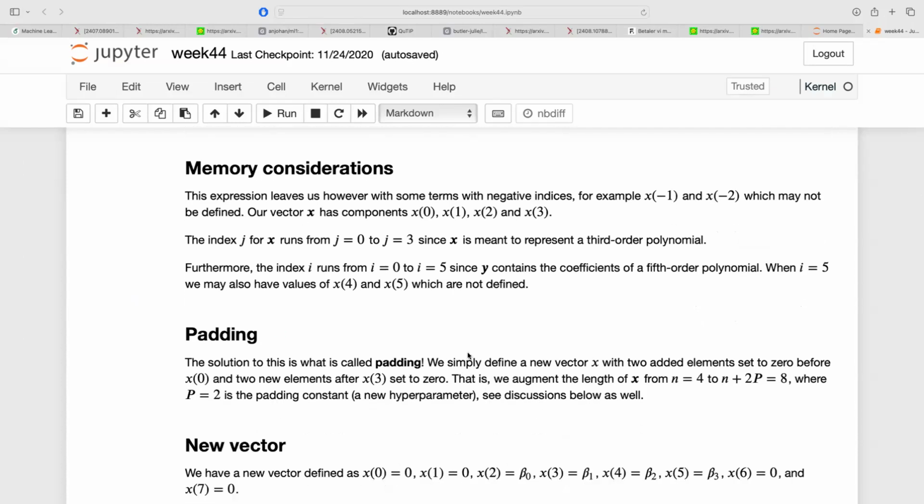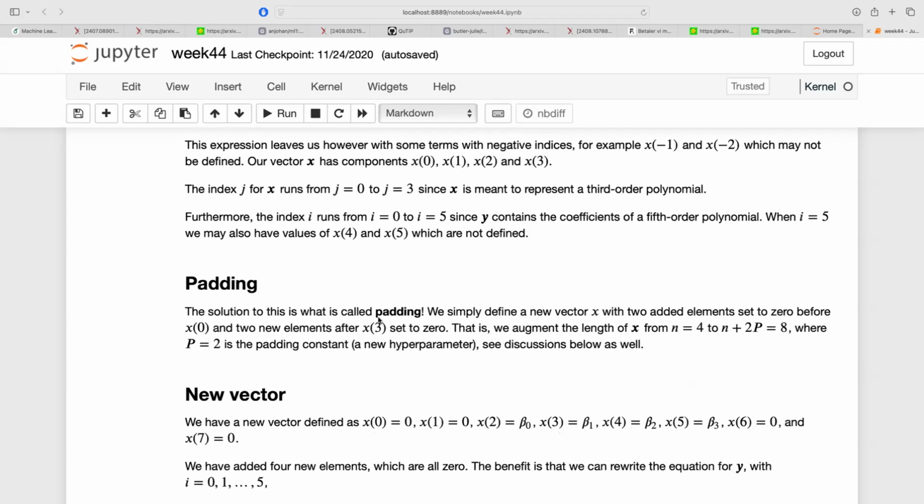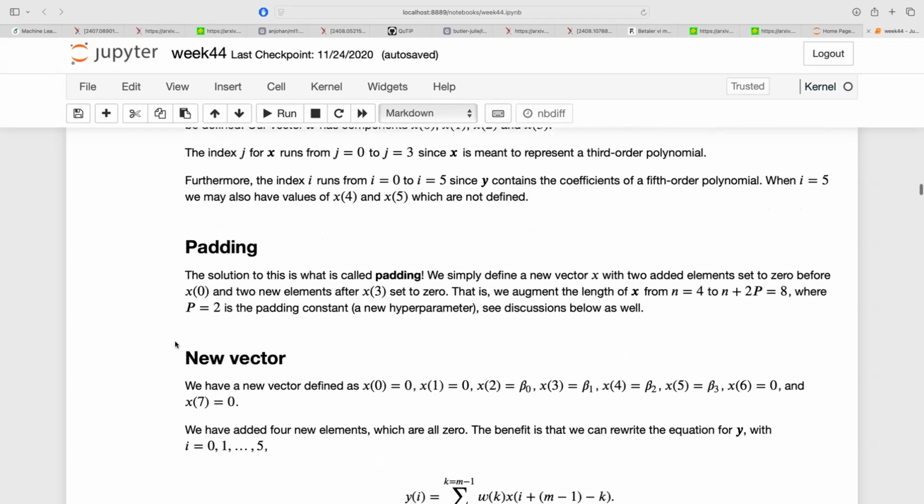And this is one of the quantities which is introduced and then normally gives an additional parameter to the setup of the hyperparameters. So in our case, the length of x, which originally was equal to 4, is now increased to a length of 8. And this parameter p is equal to 2. So that plays the role of a new hyperparameter.